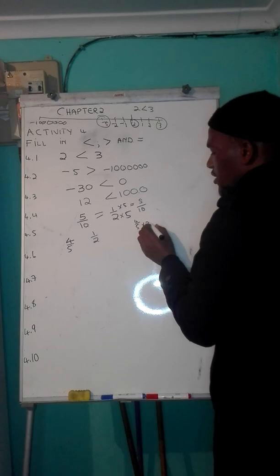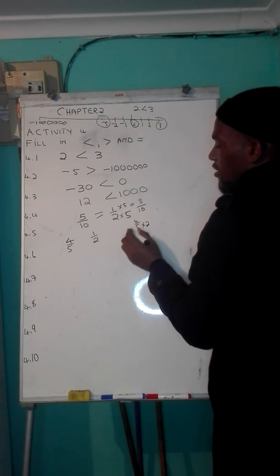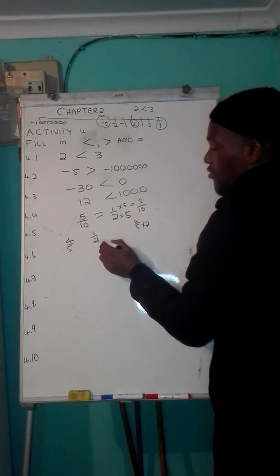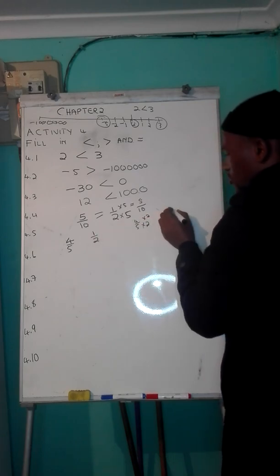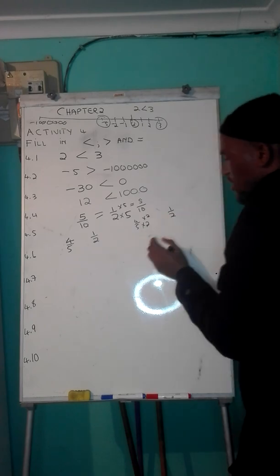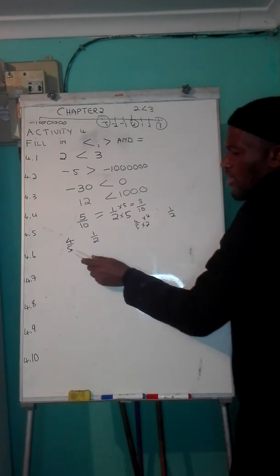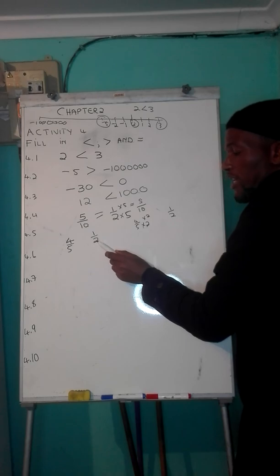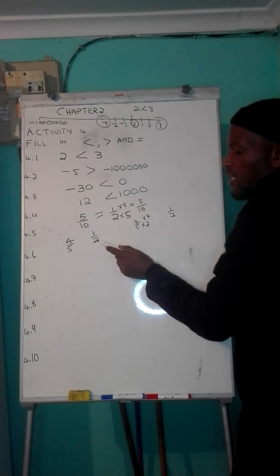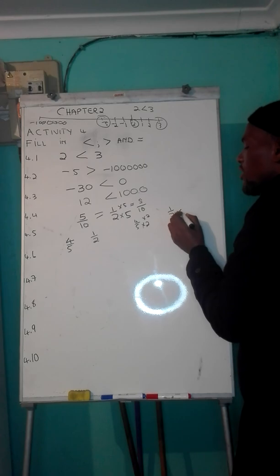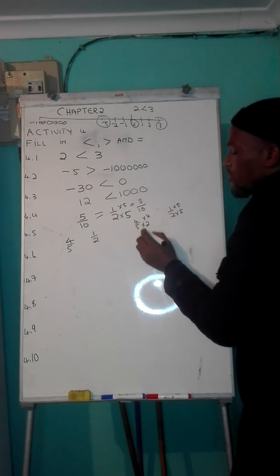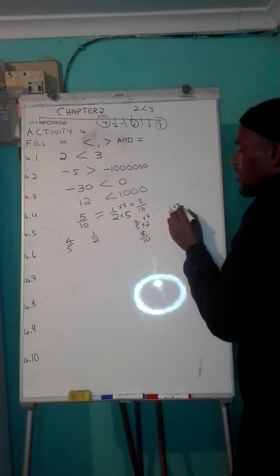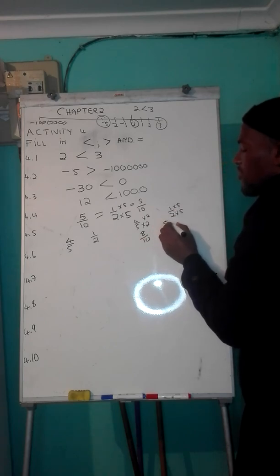I need to multiply this 5 by 2, and it will be 10. What you do on bottom, you also do on top. On the other side, I have 1 over 2. If I have 5, I need to multiply this by that denominator, so I need to multiply it by 5. 4 times 2 is 8. 5 times 2 is 10. 1 times 5 is 5. 2 times 5 is 10.